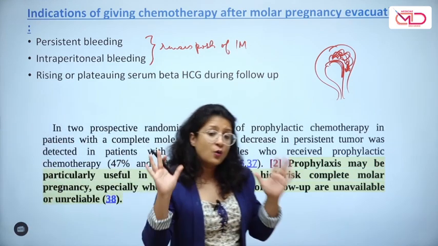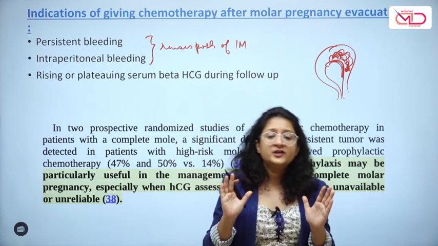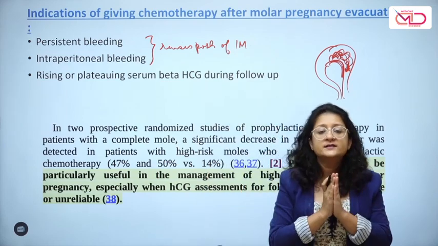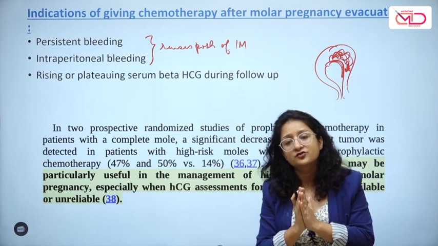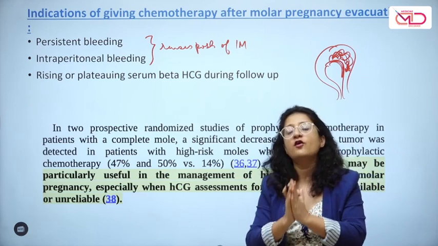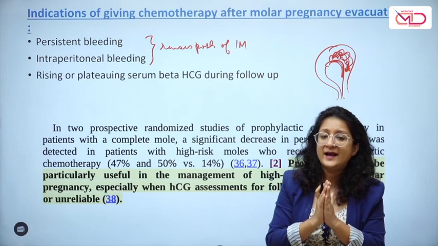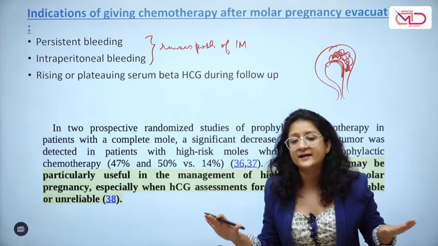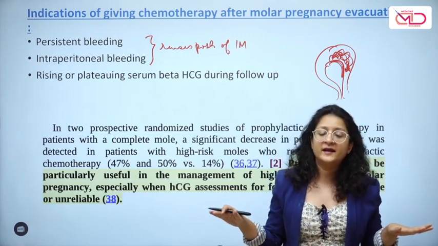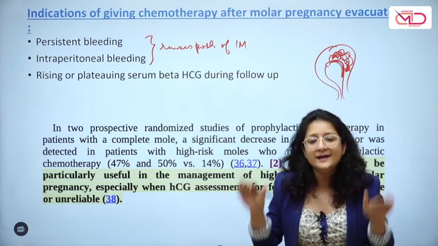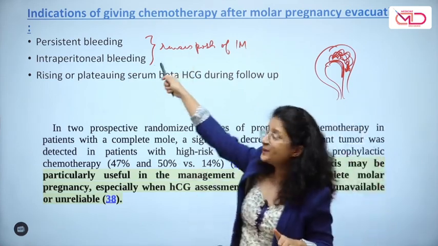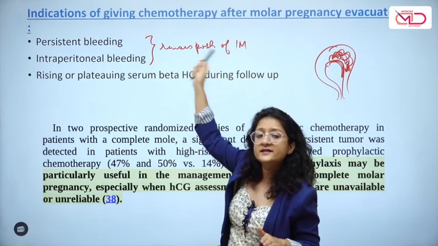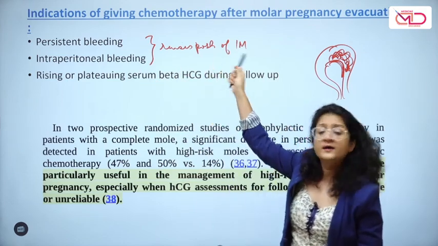So what is the general consensus? The general consensus is that the standard of care after molar pregnancy evacuation is to refrain from rampantly using prophylactic chemo. Get rid of that term prophylactic chemotherapy. There is indicated post-evacuation chemotherapy. One indication, persistent bleeding, giving you the suspicion of invasive mole.